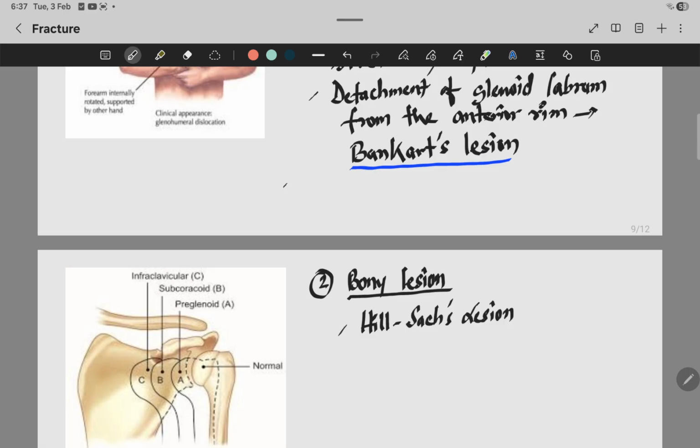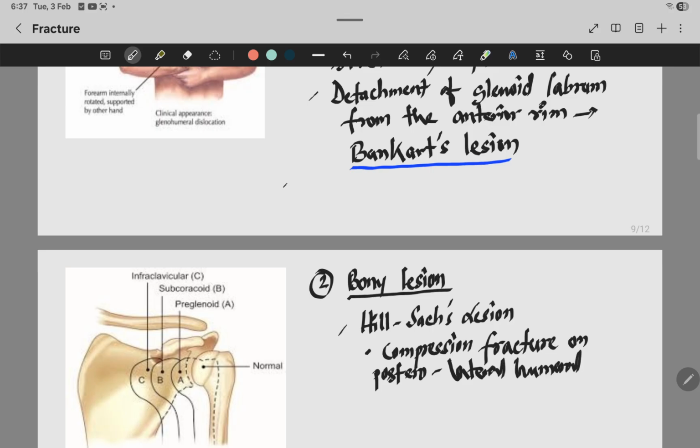Here in the Hill-Sachs lesion there is a compression fracture on the posterolateral humeral head. Okay, that is a bony lesion.